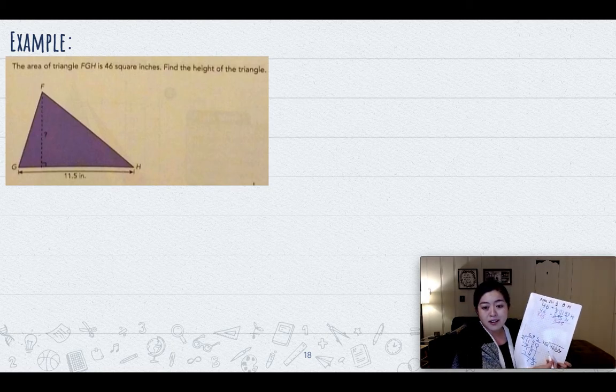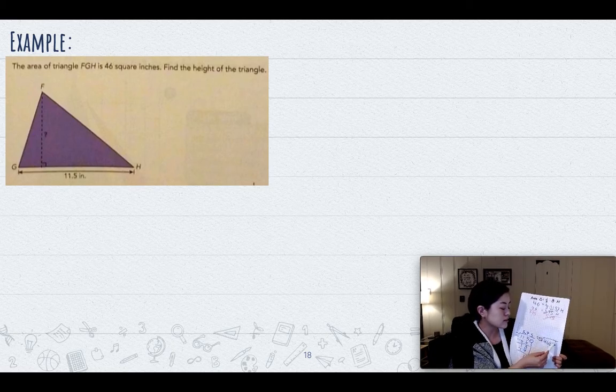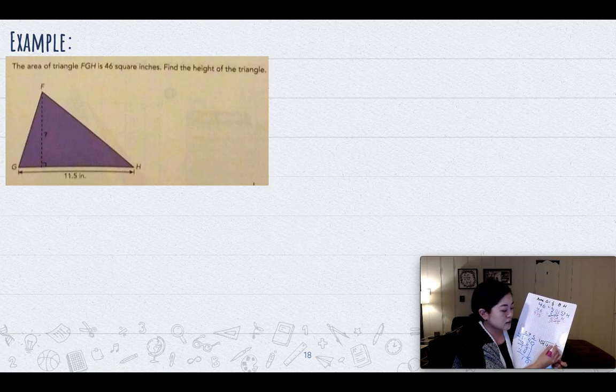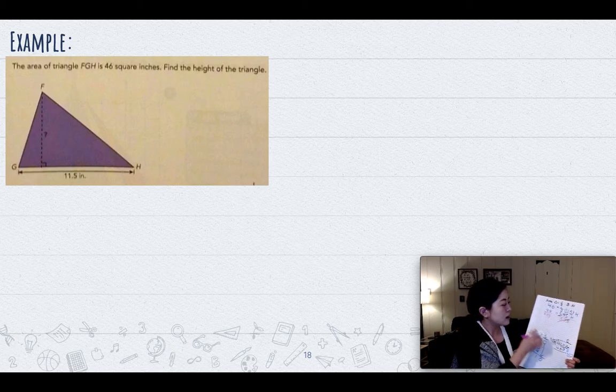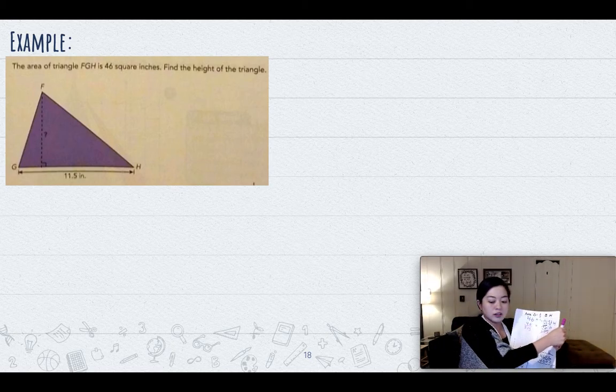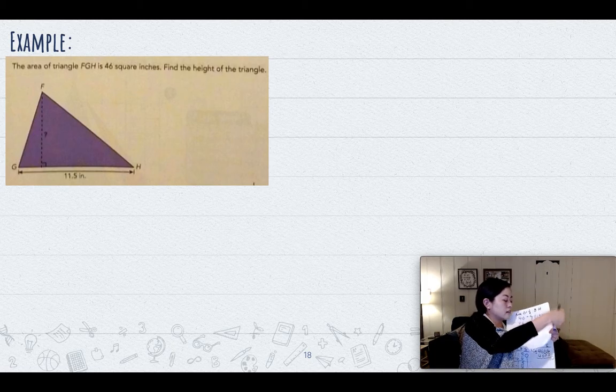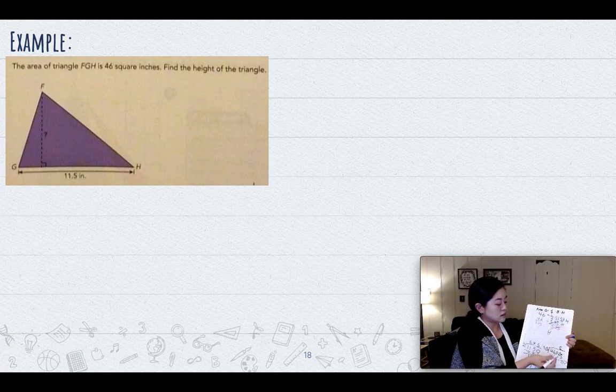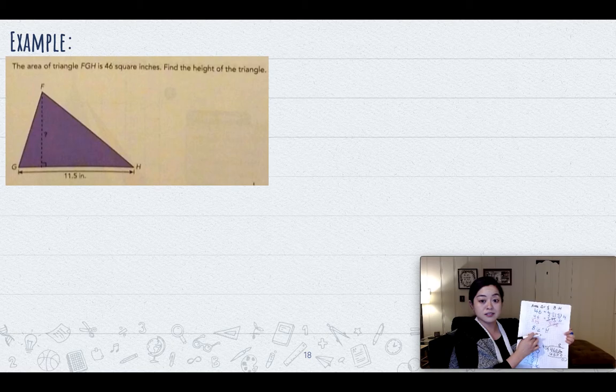But actually, when you input different values and multiply, you're going to find that 8 times 575 gives you 4,600. All right, so here, the height, now we know it is 8 inches. Don't forget the inches, okay?